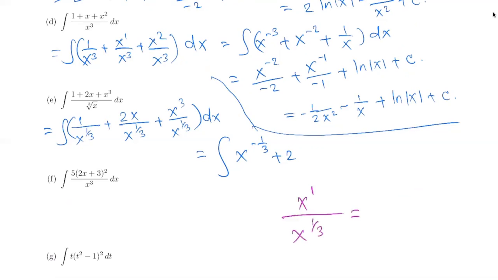X means x raised to 1. When we have the same base, we write the same and move 1/3 up. So 1 minus 1/3. This is how we combine two fractions. And that is x raised to 1 minus 1/3, which is 2/3. So this is pretty much 2x raised to negative 2/3. No, positive 2/3.